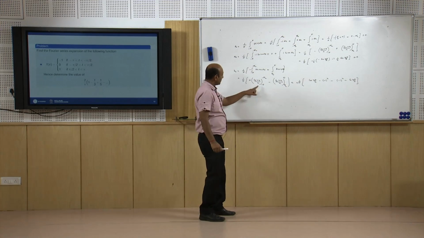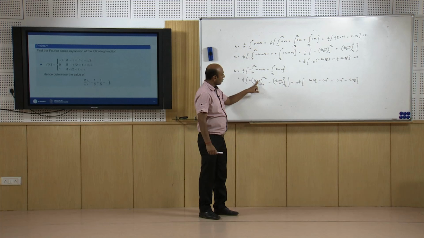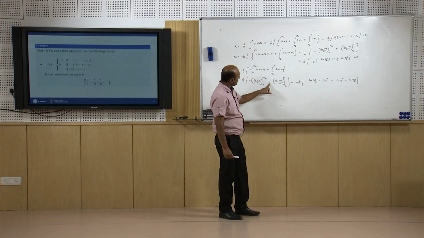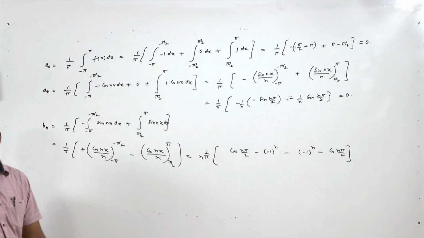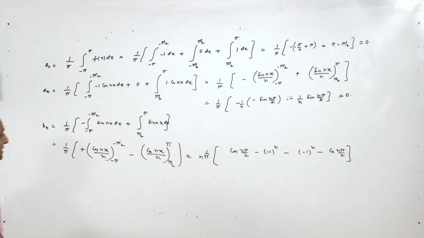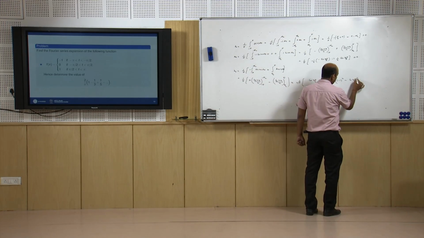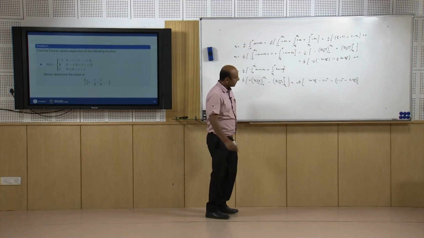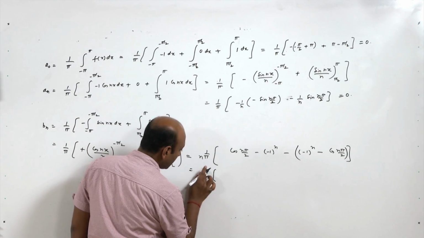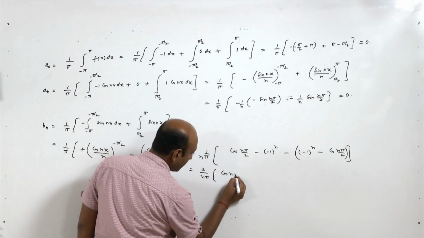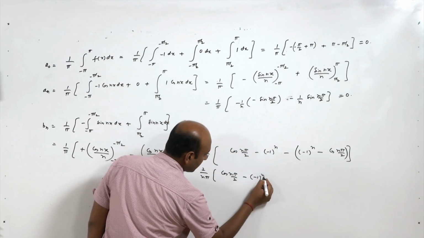Is it okay? 1 upon n pi will come out, and it is cos n pi by 2 minus of cos n pi minus minus 1 to the power n, negative is here. So, it is nothing but minus 1 to the power n, and minus of cos n pi by 2. Minus is outside. So, it is nothing but 1 upon n pi, 2 will come outside, 2 times cos n pi by 2 minus minus 1 to the power n.